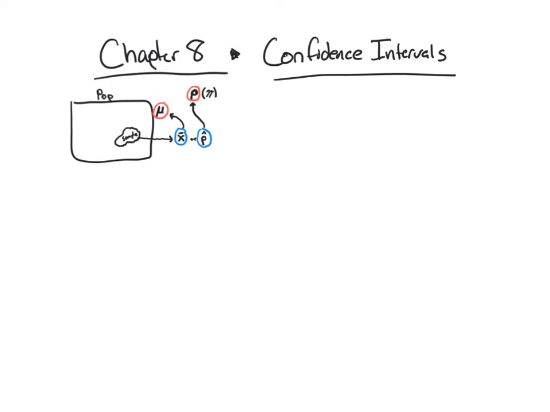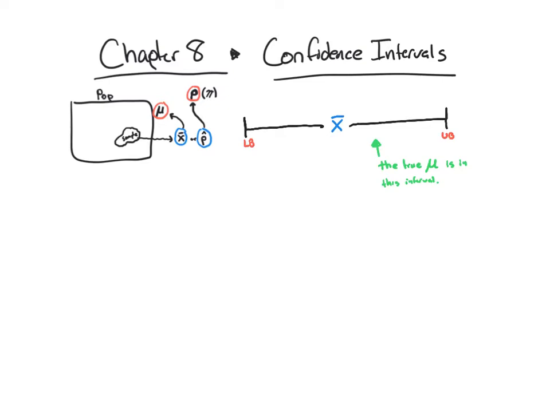So instead of just relying on my one X bar value and saying, okay, here's what I think it is, no. We are going to extend up and extend down, and we're going to create an interval of values that will have a lower bound value and an upper bound value, but we are going to say that inside this interval is the true mean of the population. And we're going to say we're confident in that. We're going to be pretty confident in that right there.